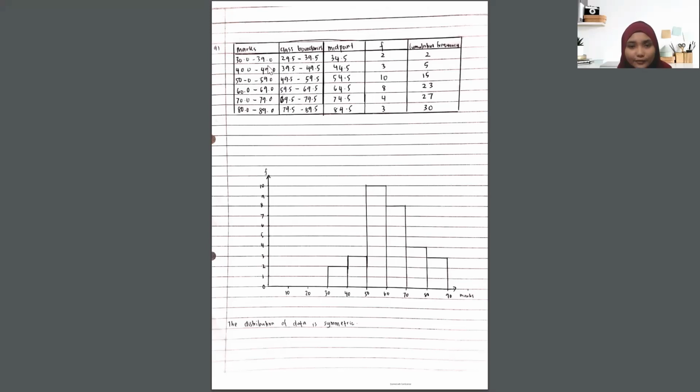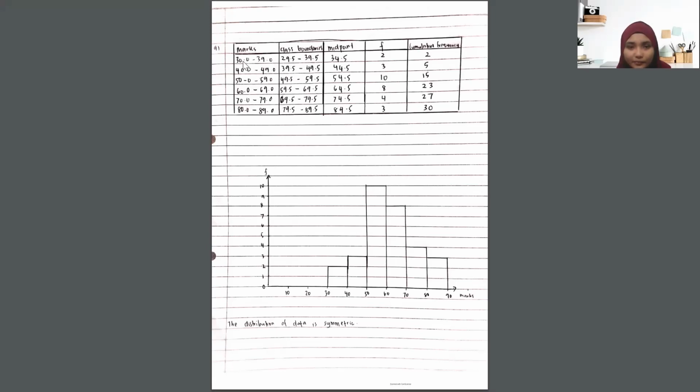Next, we need to divide by 2. 1 divided by 2, we will get 0.5. So for the 0.5, for the upper class limit, we need to add 0.5, and for the lower class limit, we need to subtract 0.5.